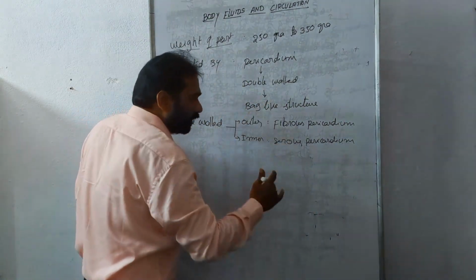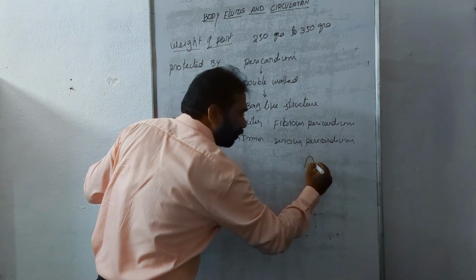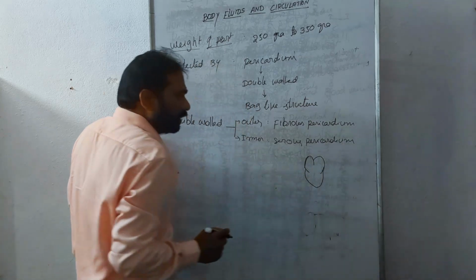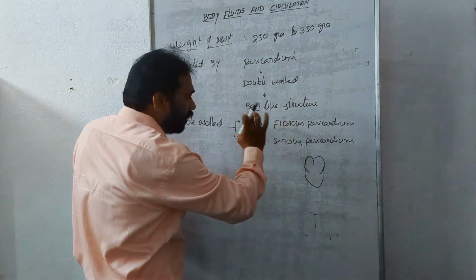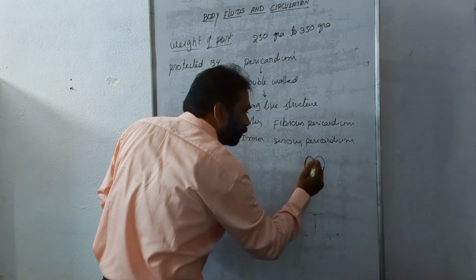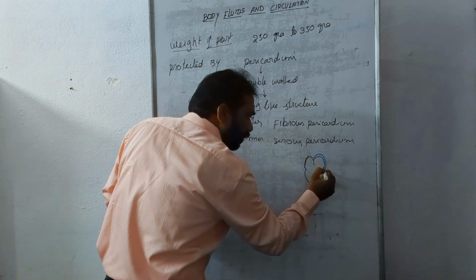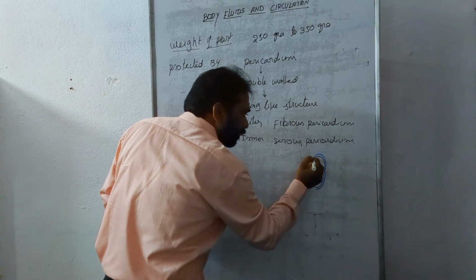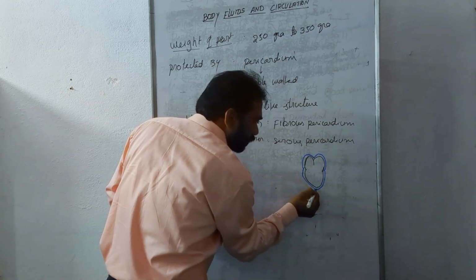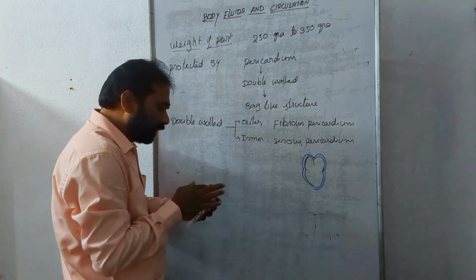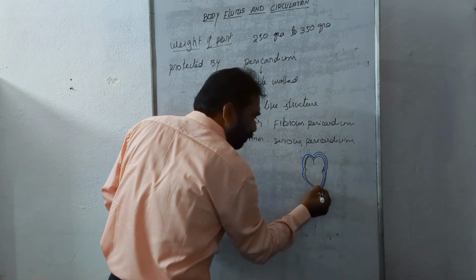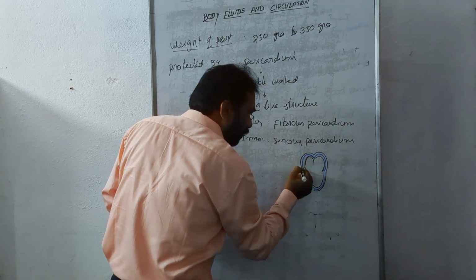Again, see here, we are drawing one diagram like this. This is a heart. This heart is covered by a double layered wall. This is one layer, and then another layer is also there. This is the outer fibrous layer, this black one.